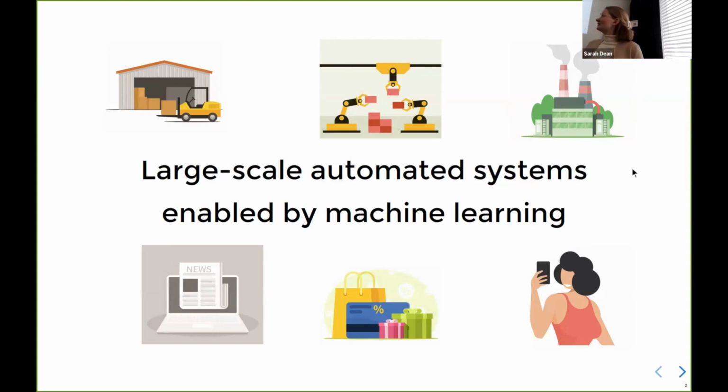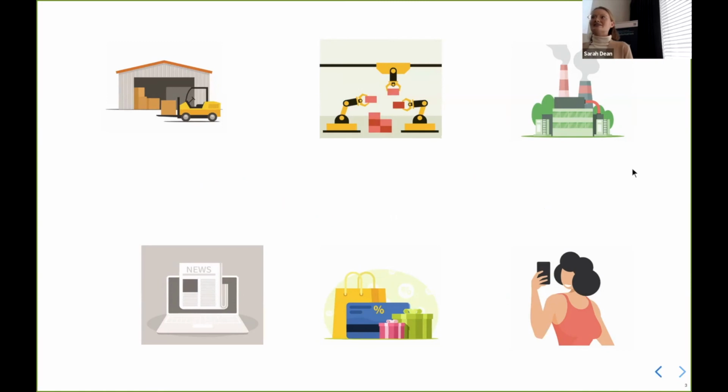So something in particular that I want to focus on is ways in which this automation is enabled by machine learning, since this is maybe particularly true of these bottom three domains. Now, of course, there are many differences between the top row and the bottom row here, but there are also some similarities that might be useful to think about.